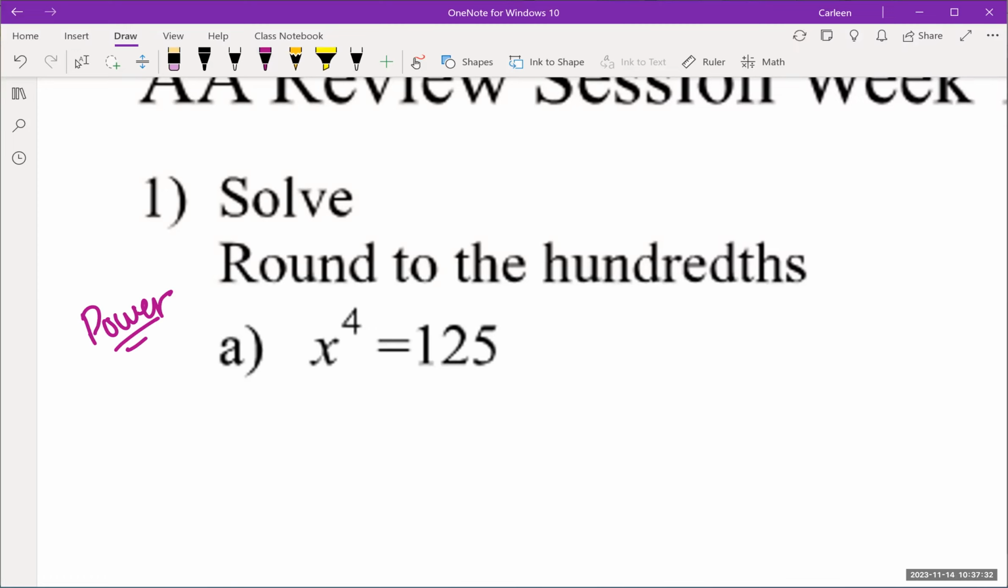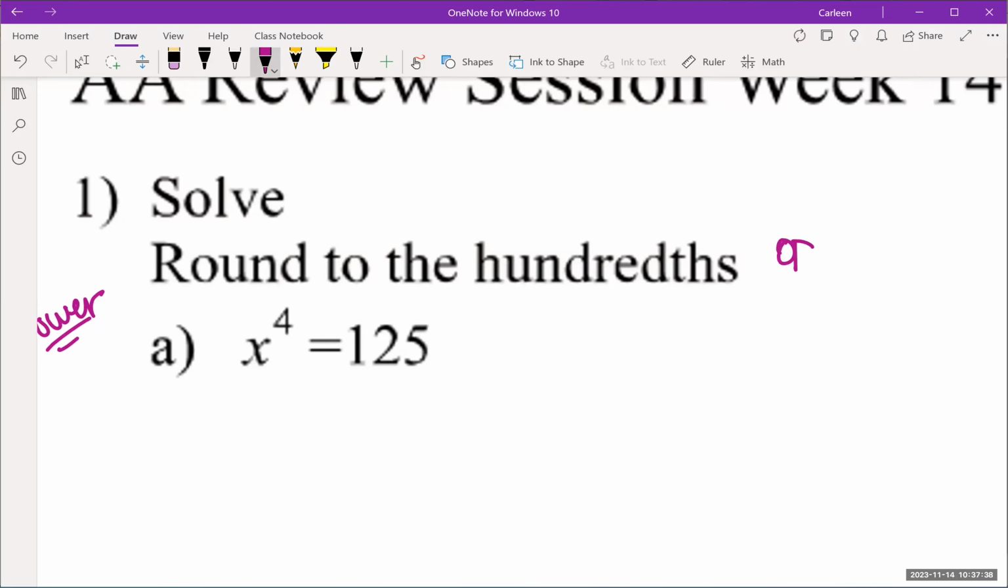So what is the opposite of the 4th power? There's 2 ways to say it. One of them would be the 4th root, which is difficult to do on the calculator, but the 4th root is the opposite of the 4th power. The 4th root would cancel the 4th power, and we would be left with x.